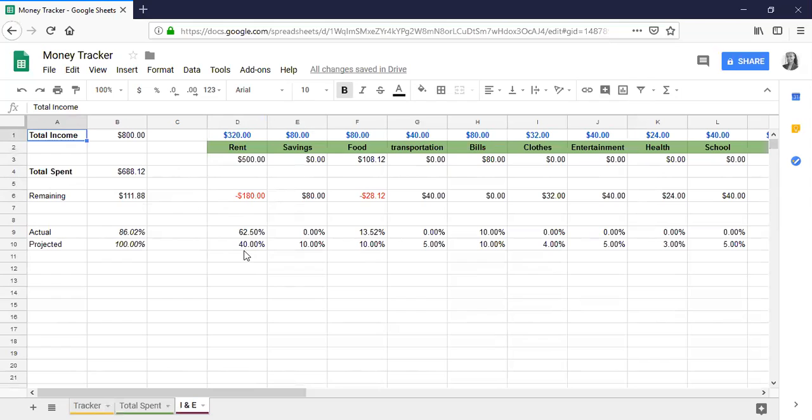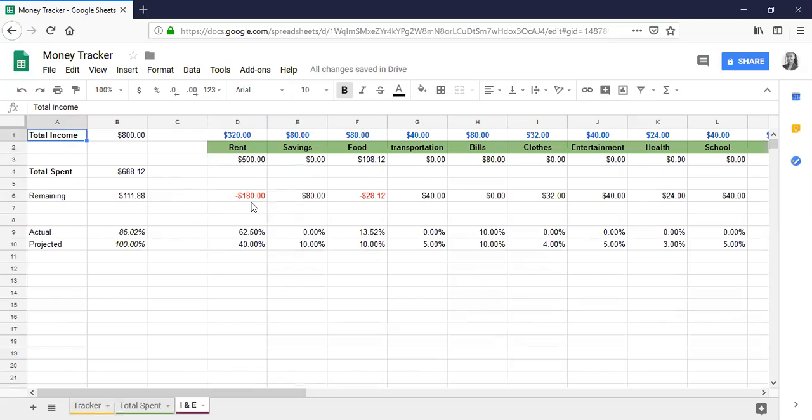So if 40% of my income I'm expecting to spend on rent, that would mean that my budget, quote unquote, is $320. When in actuality, I spent $500, so I'm over budget by $180.